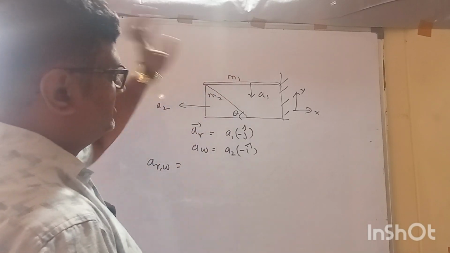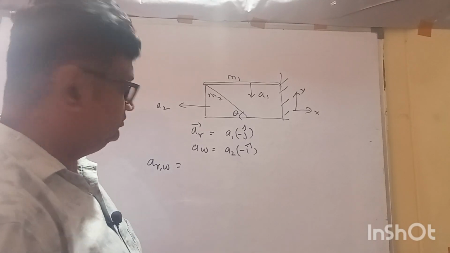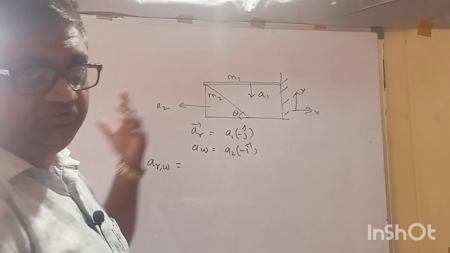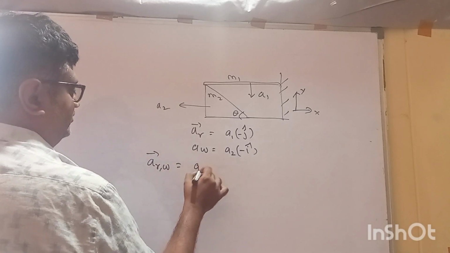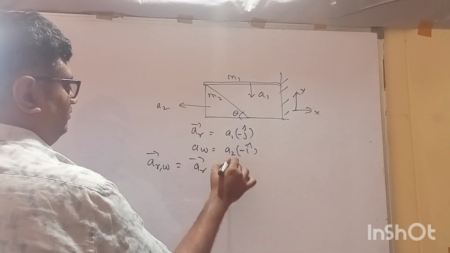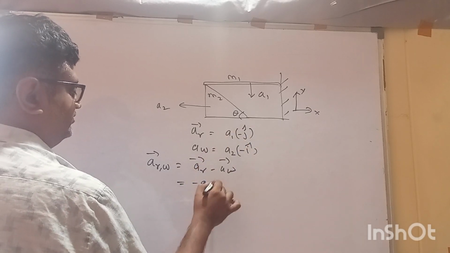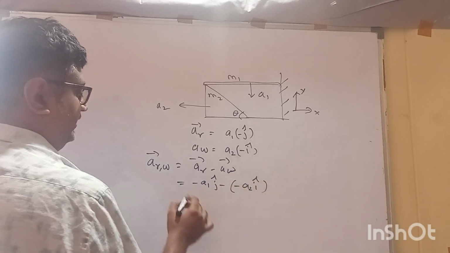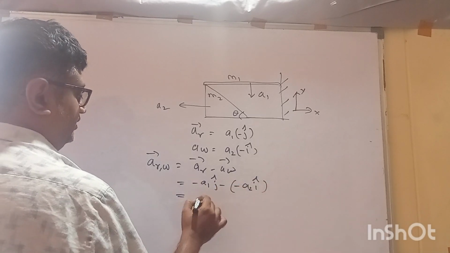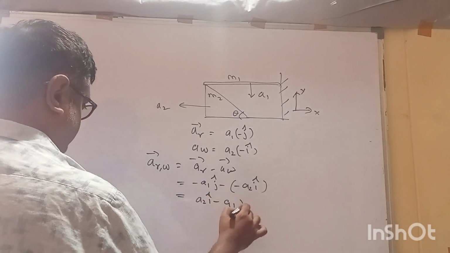The rod is moving with respect to the wedge. So let us find out the relative acceleration of the rod with respect to the wedge. What is the formula for this? It is a_R minus a_W. So a_R is minus a1 j cap, minus of minus a2 i cap, right? So this becomes a2 i cap minus a1 j cap.